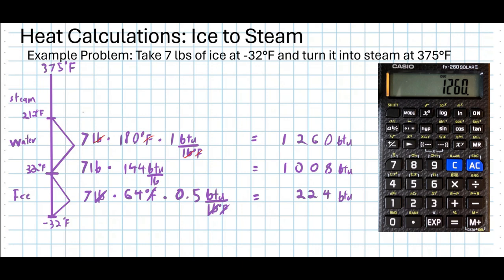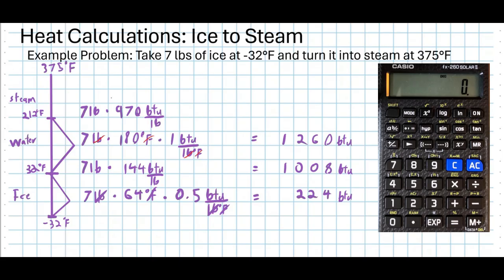So now I have 7 pounds of water that's ready to boil. And now we have to look at the latent heat value, which is going to be 970 BTUs per pound. Again, there's no temperature change here.